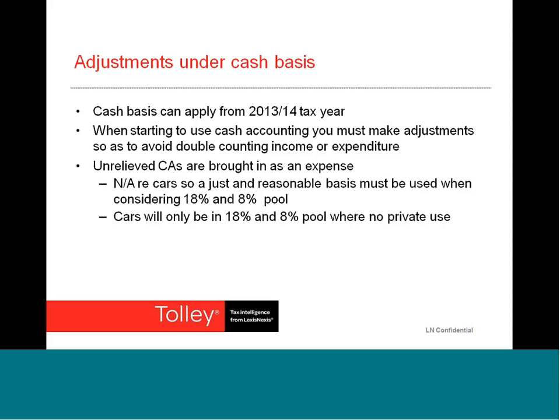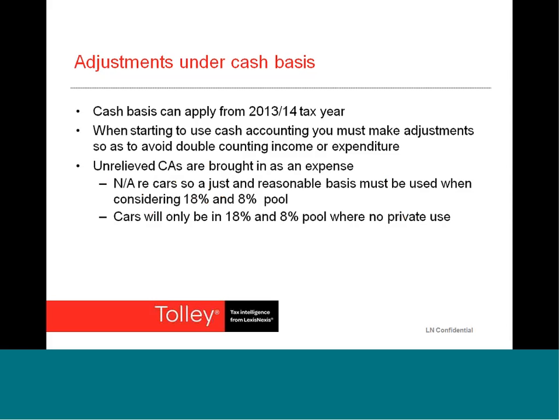Any unrelieved capital allowances in your business are just brought in as an expense on that first day of cash accounting. But remember, not cars. With cars, you're going to continue to claim capital allowances. Now, if there's no private use of your car, it's going to be in the 18% general pool, or the 8% special pool, depending on its emissions. You might have other stuff in that pool as well.